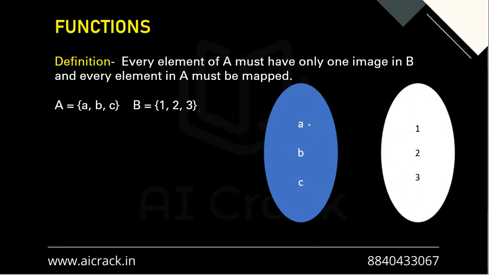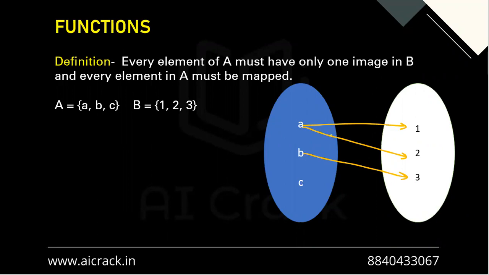Now let's take one more example. Let's say we have this as the given relation. Is this relation a function or not? This is not, because A has two images. A has one over here and two over here. A has two images. In case of B, it's three images. Also, C is not being mapped. If this is happening and if this is also happening, it's not a function.